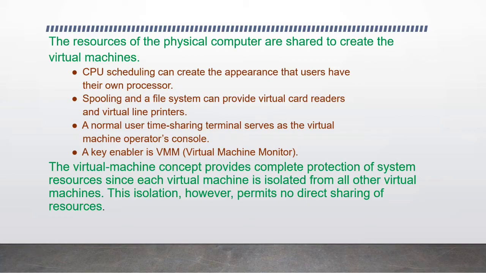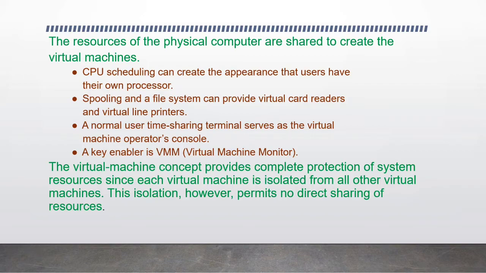A key enabler is the VMM, Virtual Machine Monitor. The virtual machine concept provides complete protection of system resources since each virtual machine is isolated from all other virtual machines. This isolation, however, permits no direct sharing of resources.